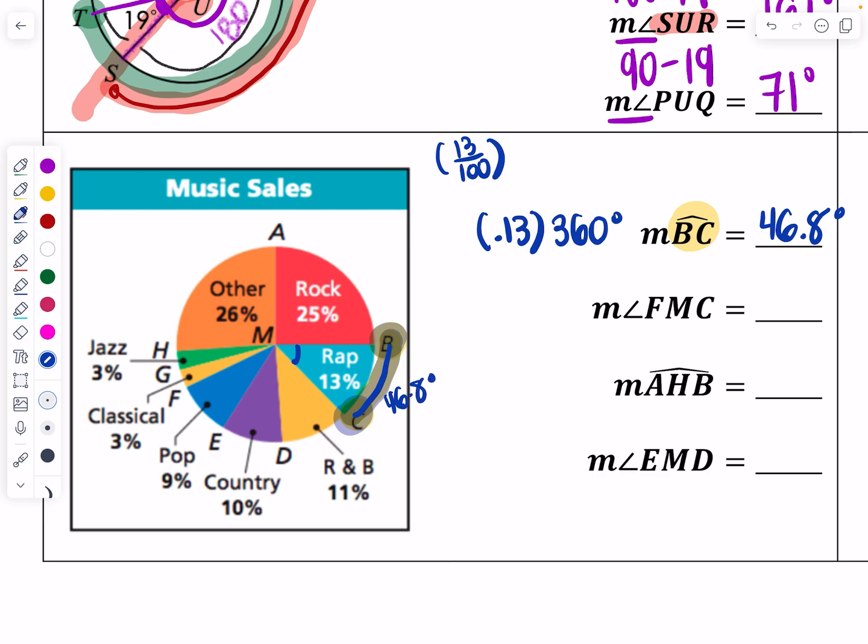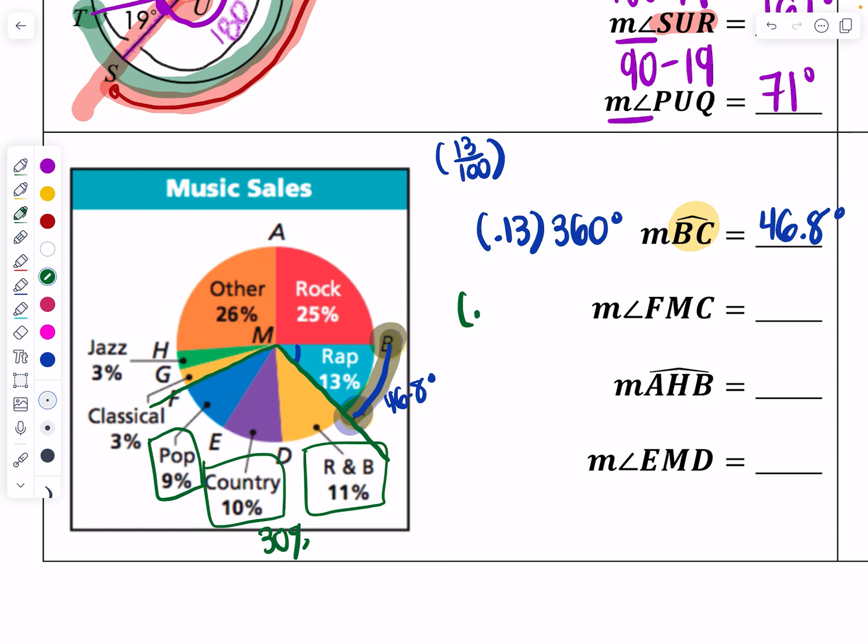Okay. How do you find angle FMC? Starting at F, going to M, the central angle, and then coming out at C. What categories does that entail? That includes your pop, your country, and your R&B. So what is 9 plus 10 plus 11? That gives me 30% of this circle being pop, country, and R&B.